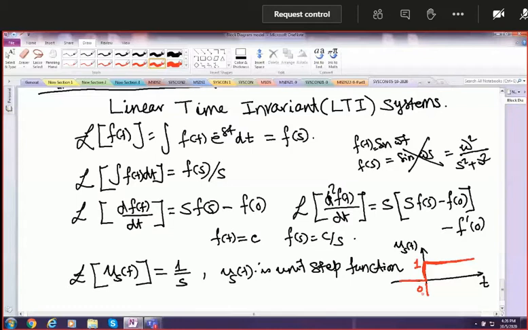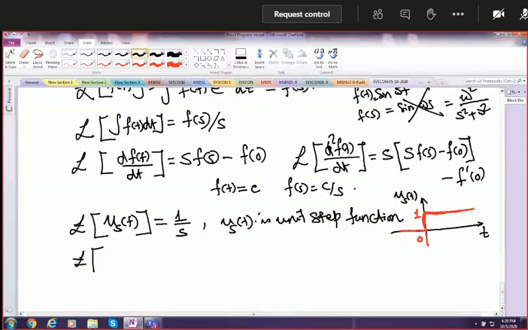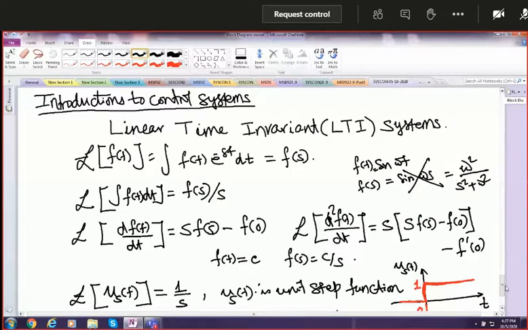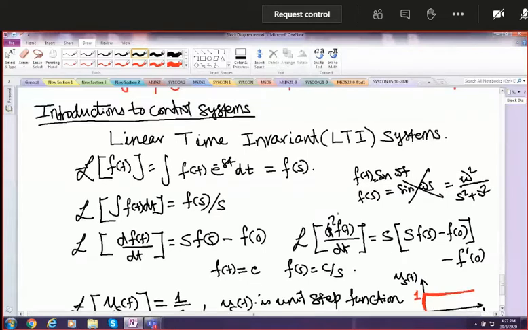So these are basic definitions. The Laplace transform of delta t is 1. Delta t is the unit impulse. Obviously, when you put e to the power minus st dt for the unit step, integrating from 0 to infinity you will get 1 by s.